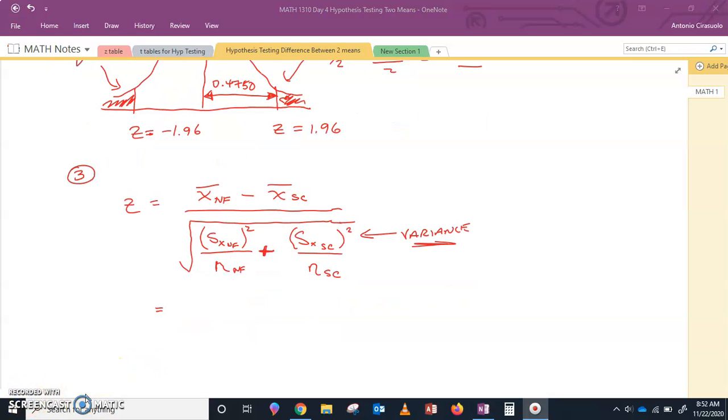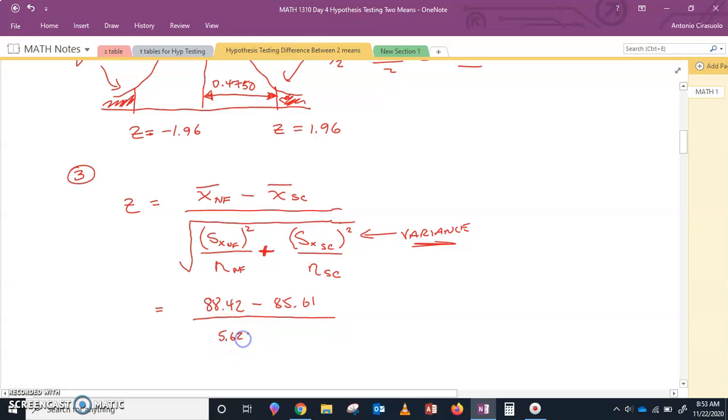And so when we plug in our values, we end up with $88.42 minus $85.61 all over 5.62 squared, standard deviation for Niagara Falls, divided by 50, because the sample size was 50 for both.